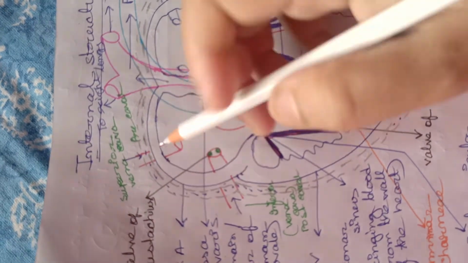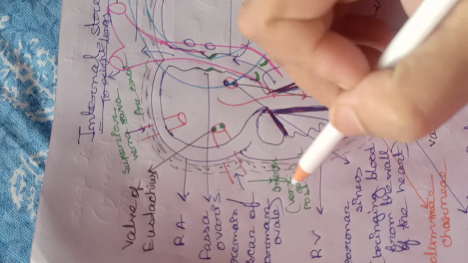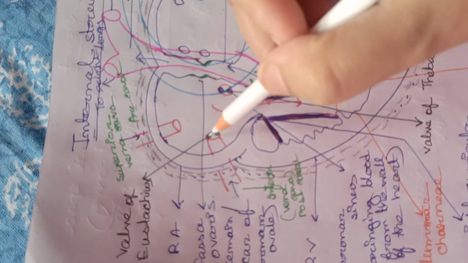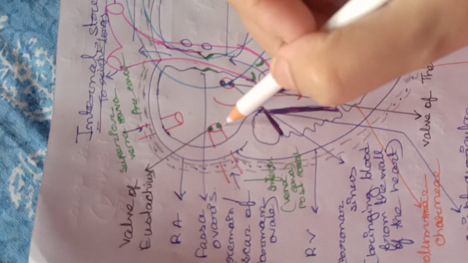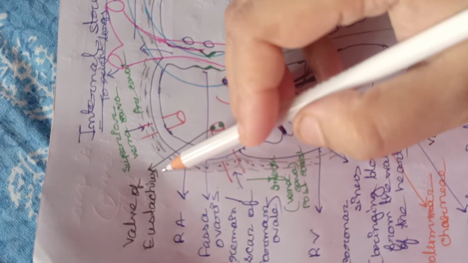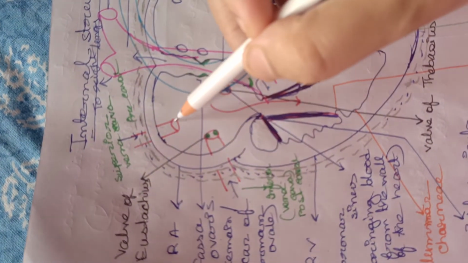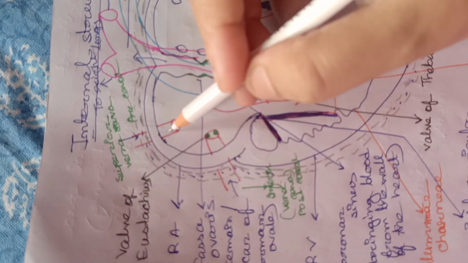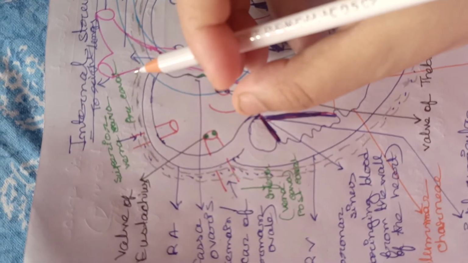These two deoxygenated bloods will come into the right auricle. Now in the inferior vena cava, there are two valves. The name of these valves is the valve of Eustachius. Here there is no valve. Why? Because this superior vena cava is at a proper angle.